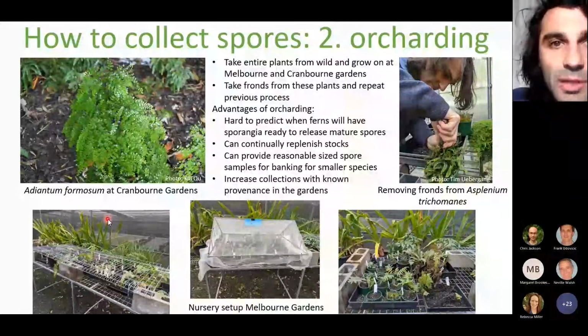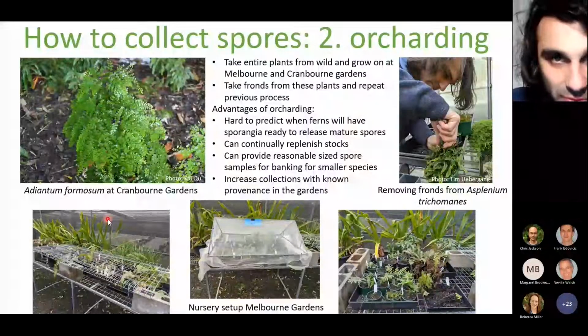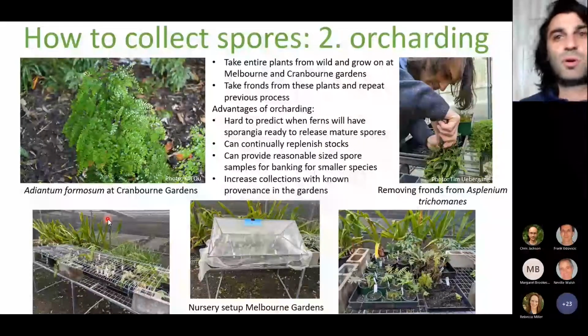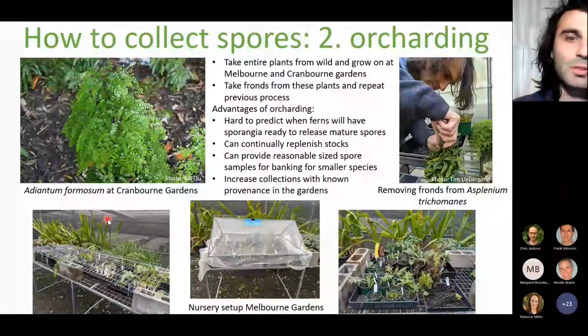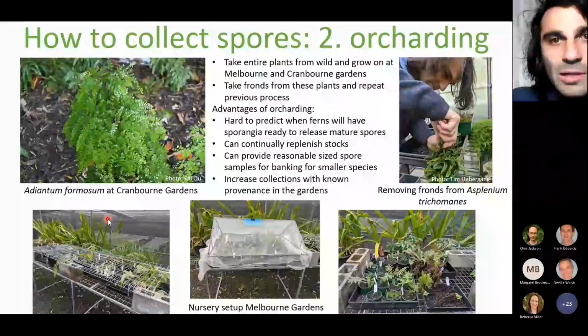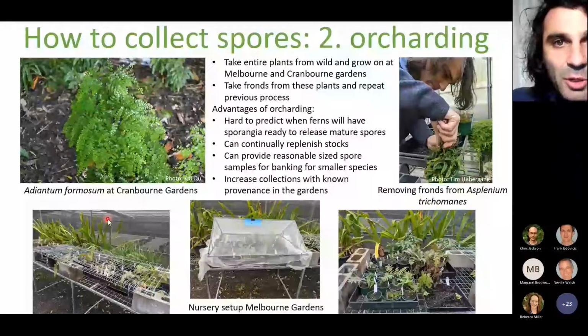Another way that we've gone about obtaining spores for some of the fern species is through a process that's often referred to as orchiding. So in this case, entire plants are removed from the wild and they're grown on in a garden, which in this case is both the Melbourne and the Cranbourne gardens.